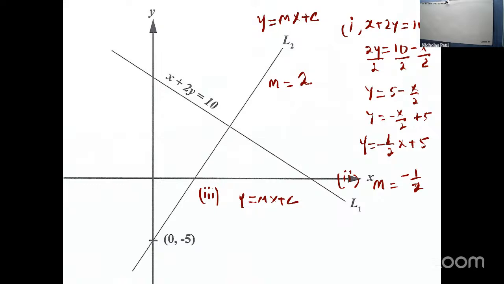Radha, what do you get? 2x minus 5, nice. So the answer is y is equal to 2x minus 5, because the gradient is right here, and the y-intercept is right here, minus 5. That's it, you're good to go.